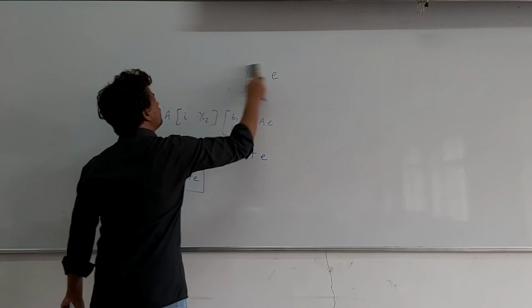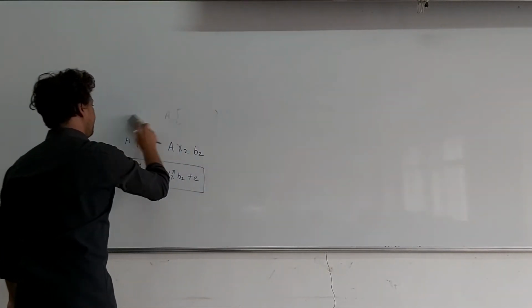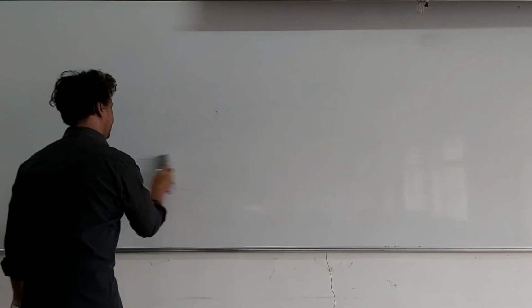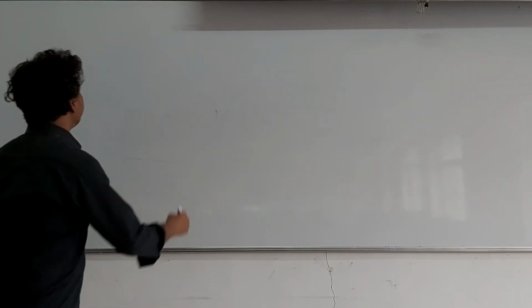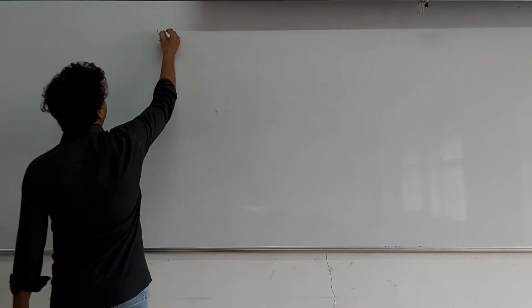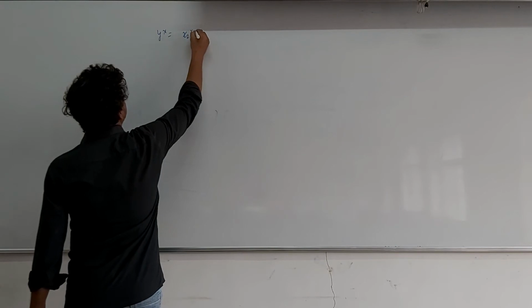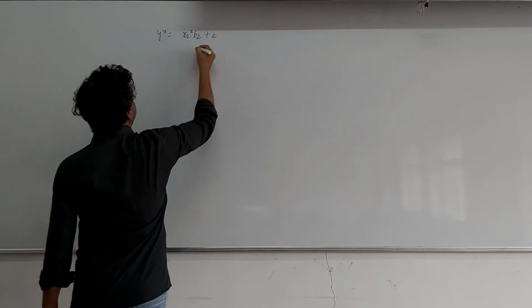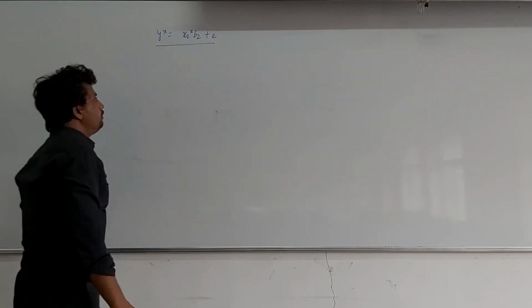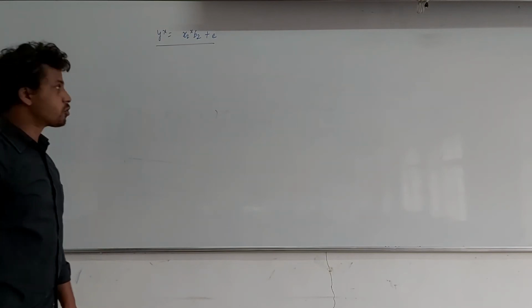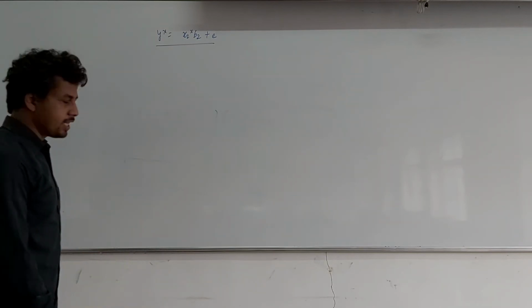So let me write it. So y star can be written as x2 star b2 plus e. Now, in order to obtain the sum of squares, I simply have to multiply by its transpose.